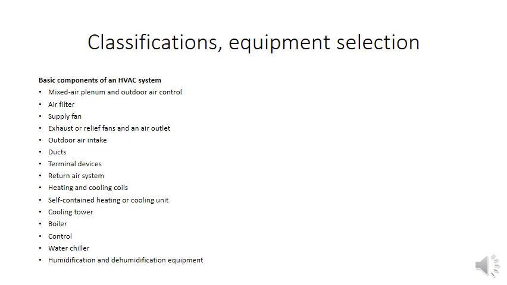Then self-contained heating and cooling unit, which is placed at the air handling unit system. Then cooling tower, basically a centralized tower to cool the entire amount of water. Then boiler, control, water chiller, and humidification and dehumidification equipment. These are the total or basic components of any HVAC system.